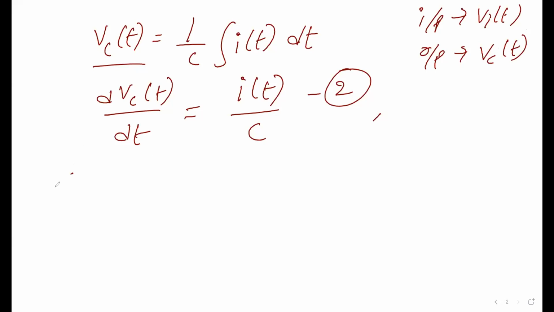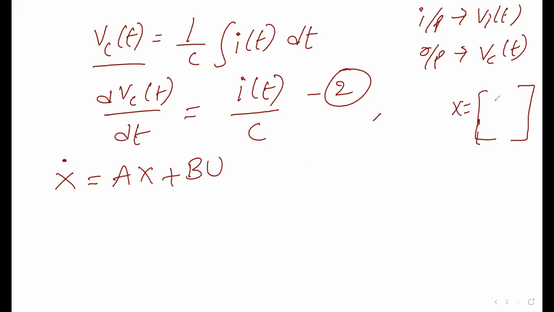X dot equal to A into X plus B into U. What is X for the problem? The state vector, sir. Right. State vector: I of t and Vc of t.